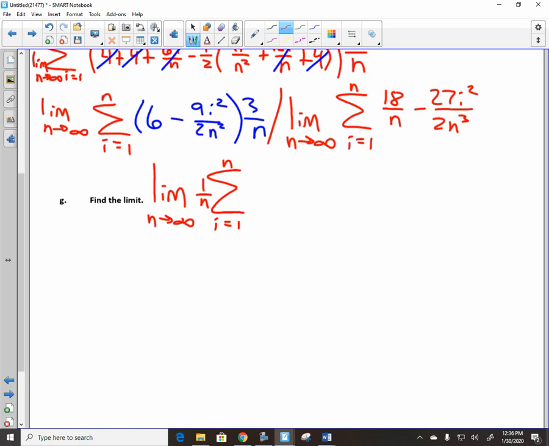So what am I left with then? 18 minus the sum from i equals 1 to n. What do you want out front? 7 over 2n cubed. And what do I have left in there? i squared.